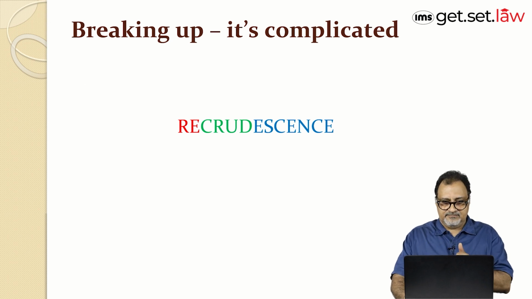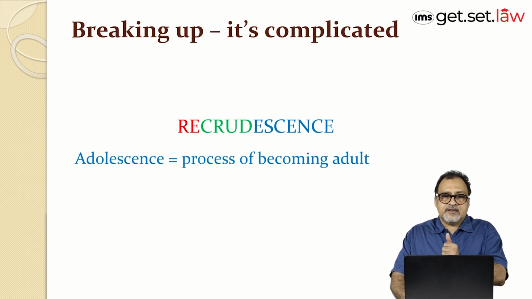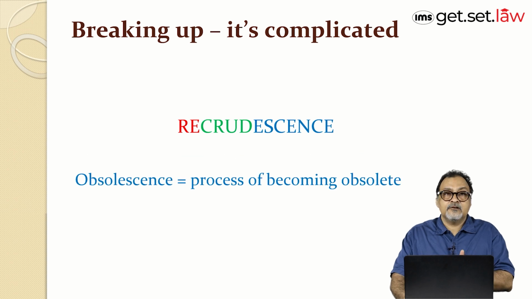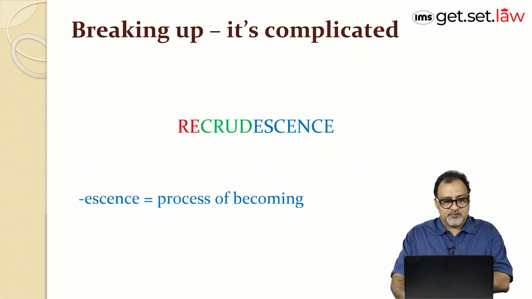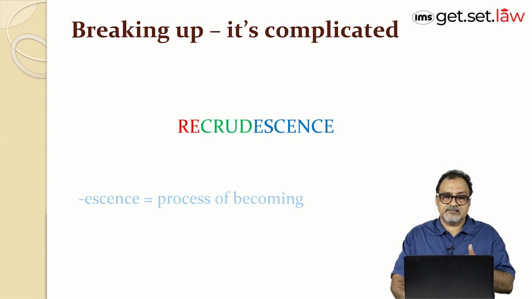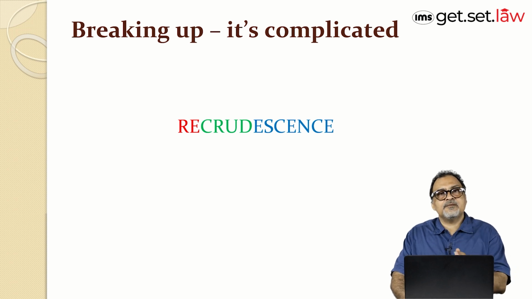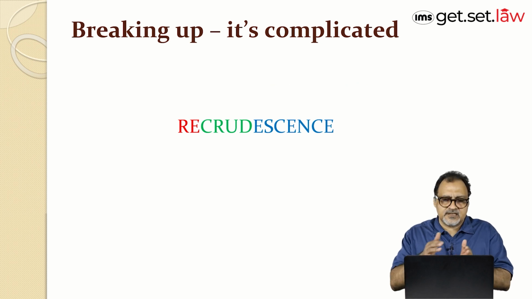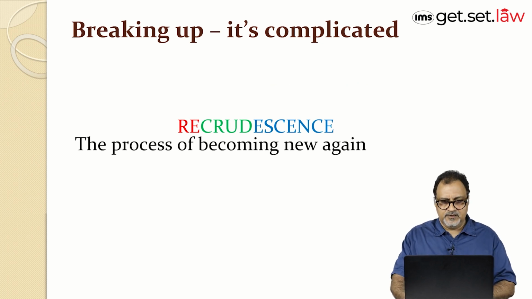So re means again, if essence means in the process of, so adolescence, in the process of becoming an adult. Obsolescence, in the process of becoming obsolete. So essence means the process of becoming, re means again, crude means new. So recrudescence means in the process of becoming new again, or just becoming new again.